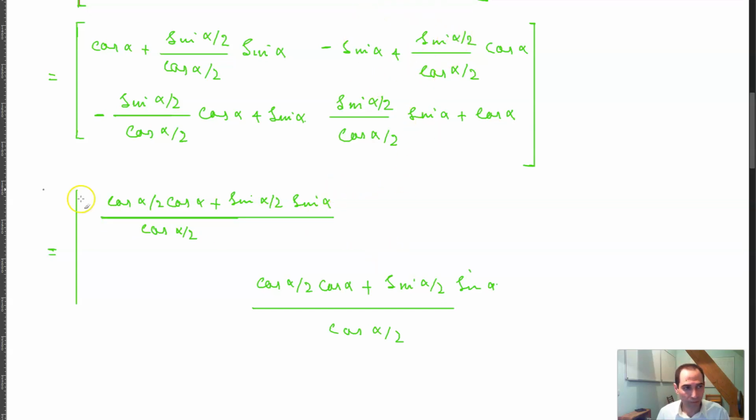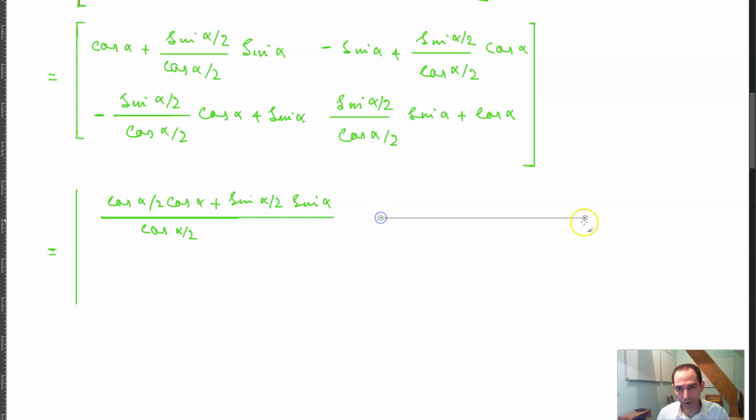Over here I can write basically cos of alpha by 2. Here you have negative sine alpha cos alpha by 2 plus sine alpha by 2 cos alpha, right?